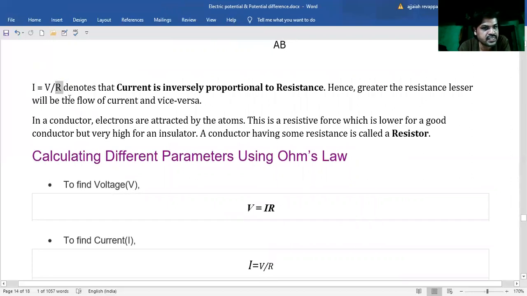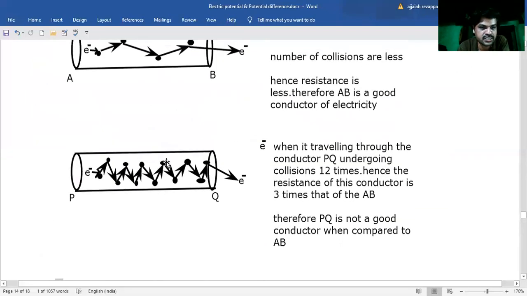So if resistance is more, current is less. More collisions mean more resistance, so the current, the rate of flow of charge, is less. Electrons cannot go faster.